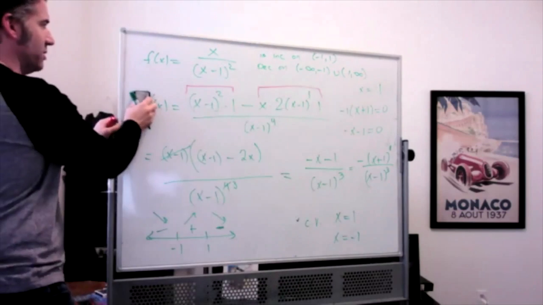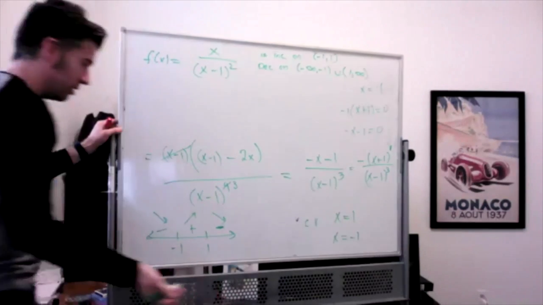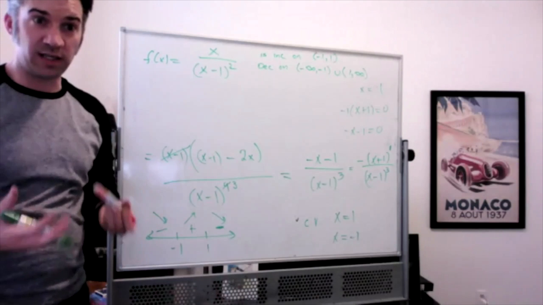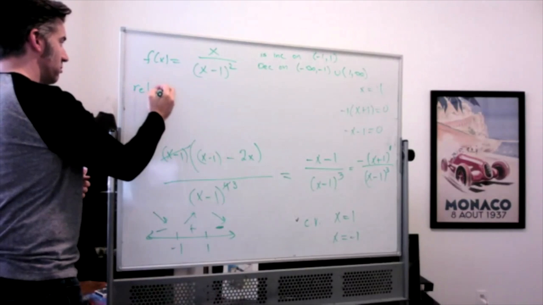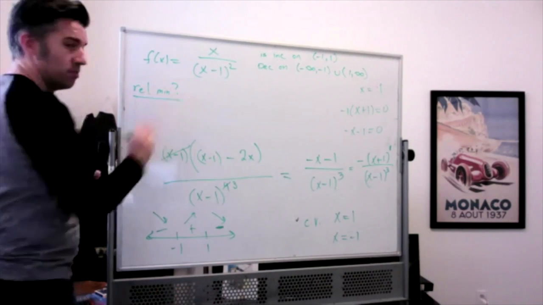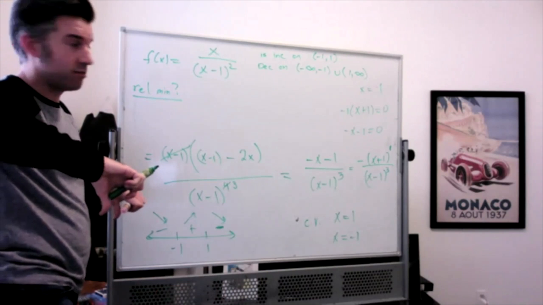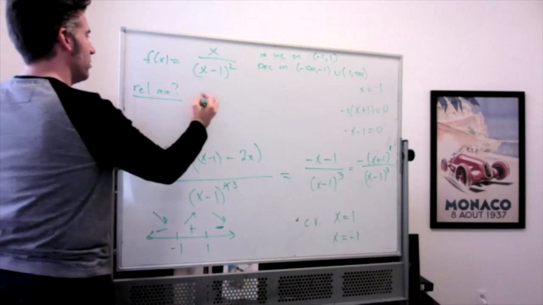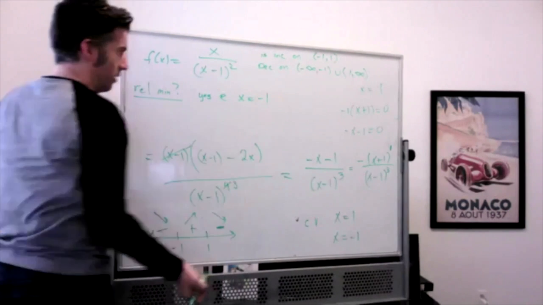And I'm going to erase some of this so I can write some stuff. So let me ask, do I have a relative minimum? Yeah, negative 1. Right. Relative minimum, yes, at x equal to negative 1.